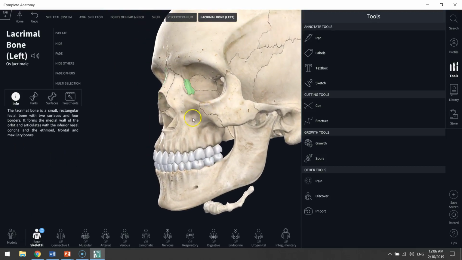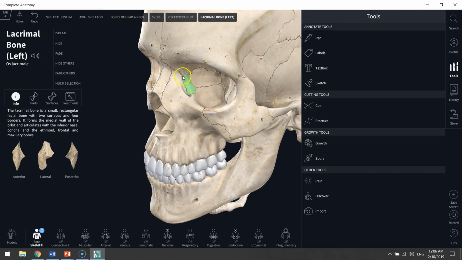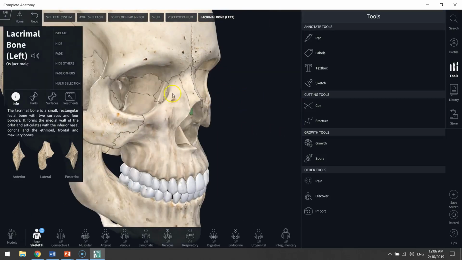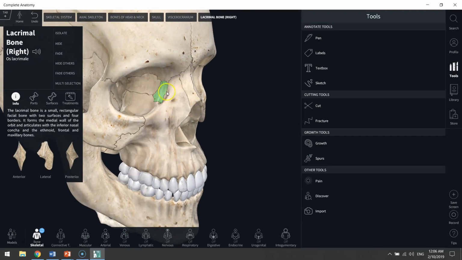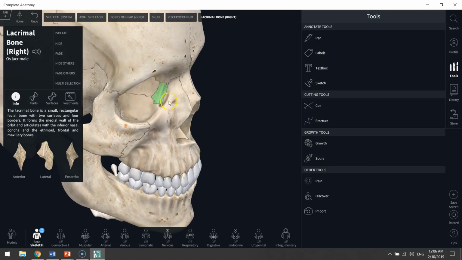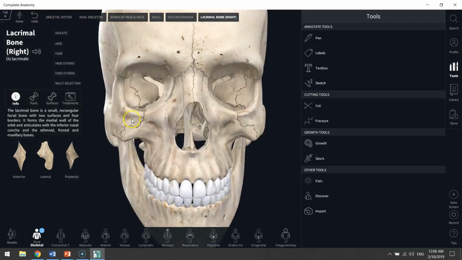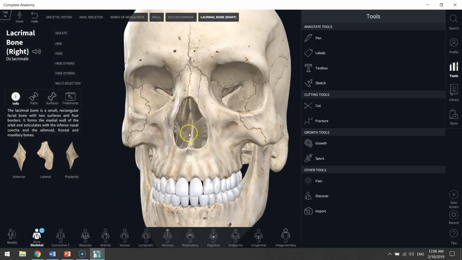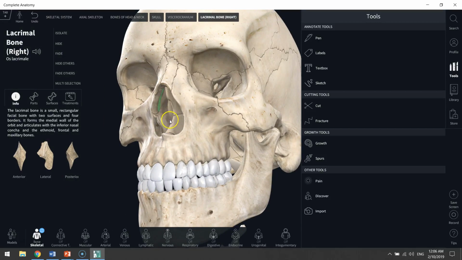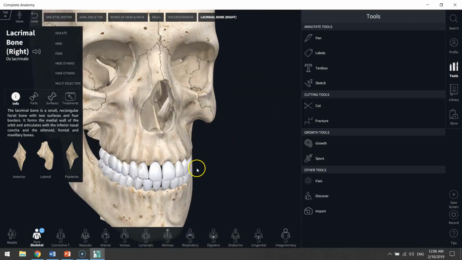The lacrimal bone is a small rectangular bone which forms the medial wall of the orbit, in conjunction with the ethmoid bone. They articulate with the frontal, ethmoid, and maxillary bones, and house the lacrimal canal, through which the lacrimal duct drains tears into the inferior nasal conchae.